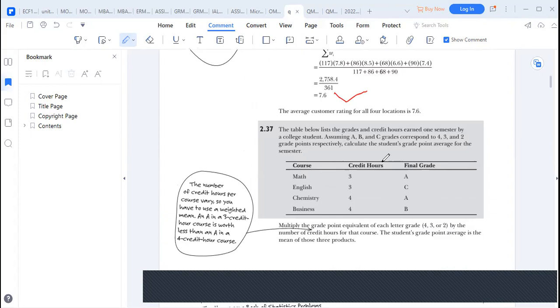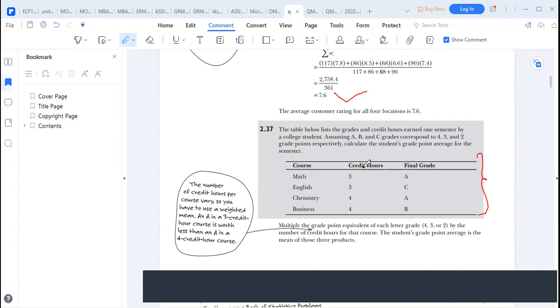All right. This question has never come, so expect it most likely this year. The table here shows the credits, assuming A, B, and C are the grades corresponding to 4, 3, 2. Calculate the student's grade point average.